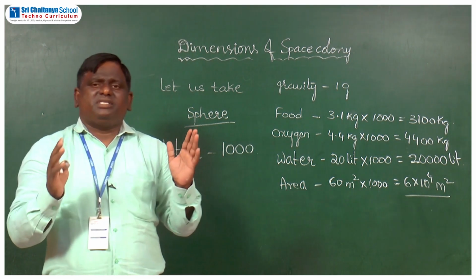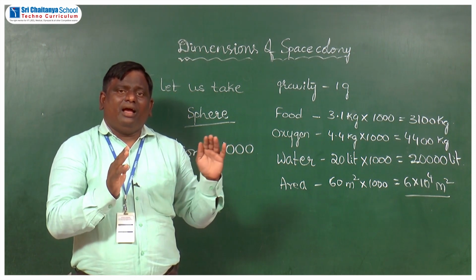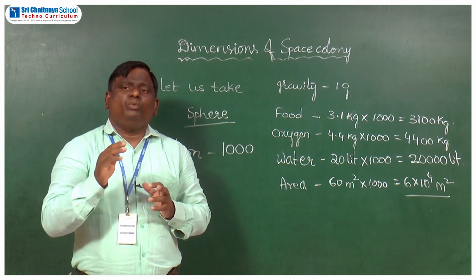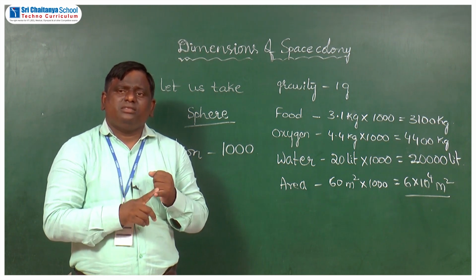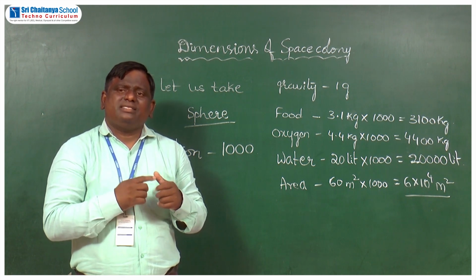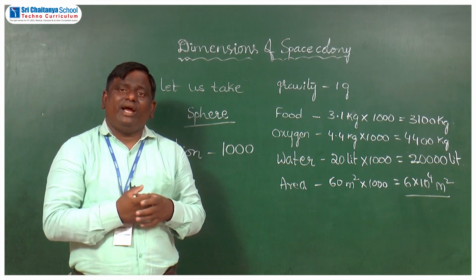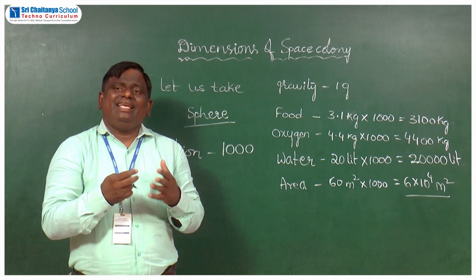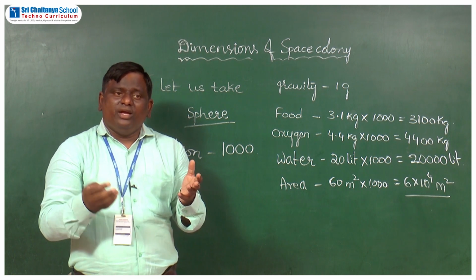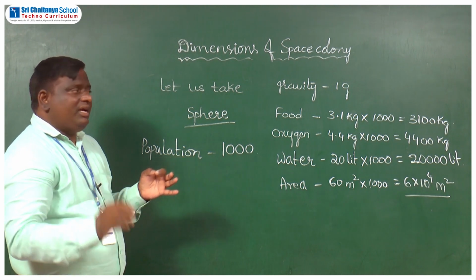So for all other purposes, the 60 or 70% of the area which remains apart from the area of living will be occupied by all these things: schools, multiplexes, industries, agriculture areas, parks, amusement parks, scientific laboratories, etc., which are required to make human life more luxurious, more standard. Okay, so the area of living should be 30 to 40% of the total area only.